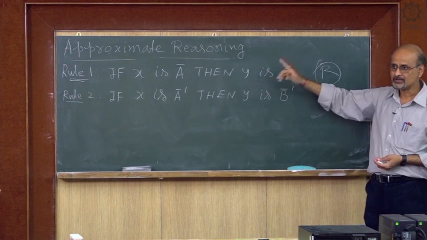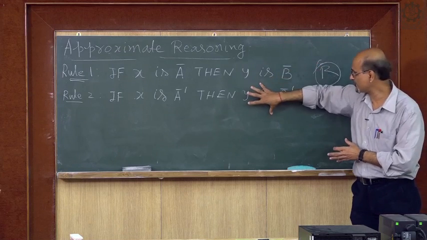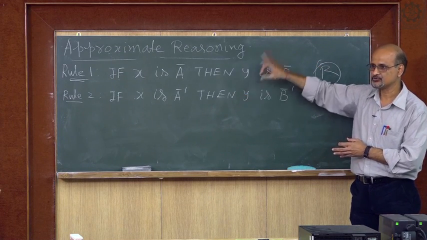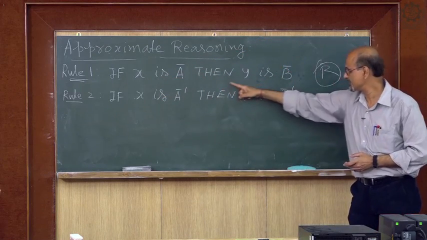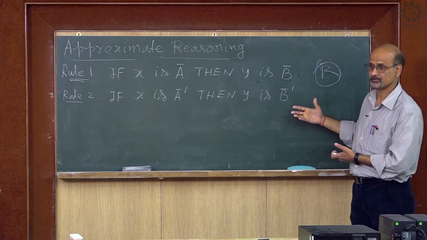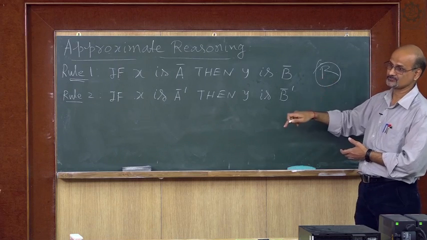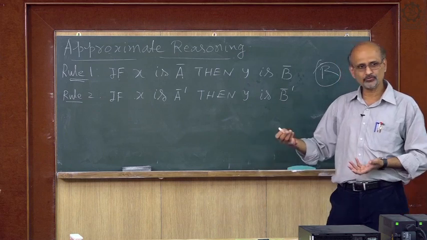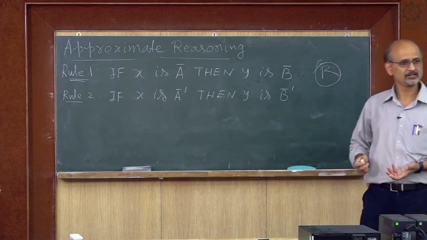Now using the information about rule 1, whether I can find the consequent, that is y is B bar dash. Our aim is to find B bar dash using this R, and we can do it very well by composition.